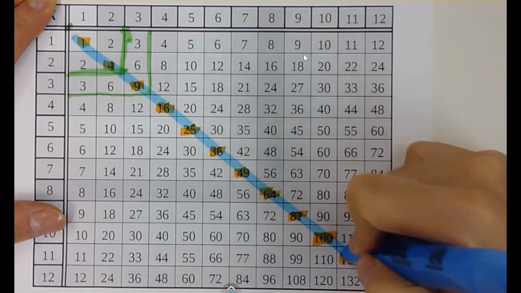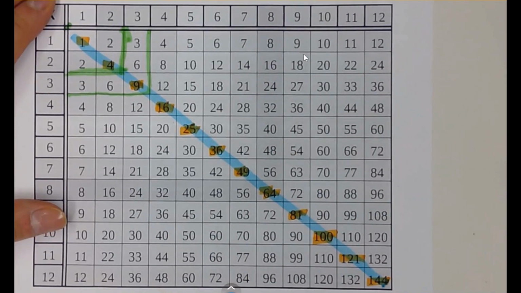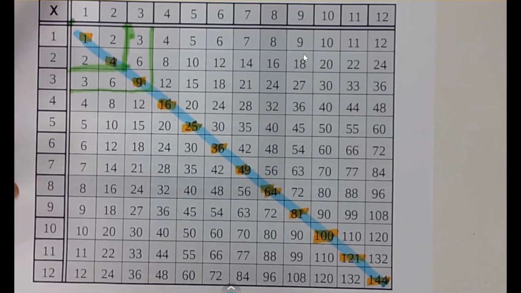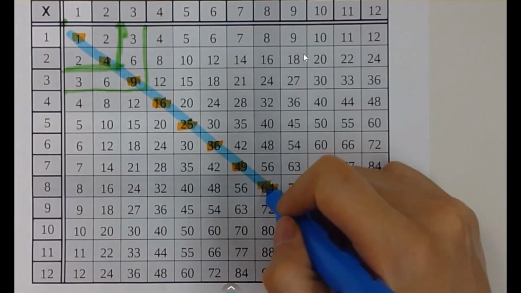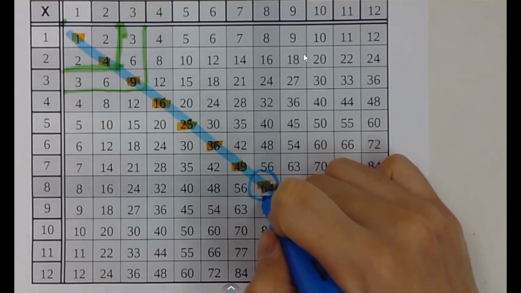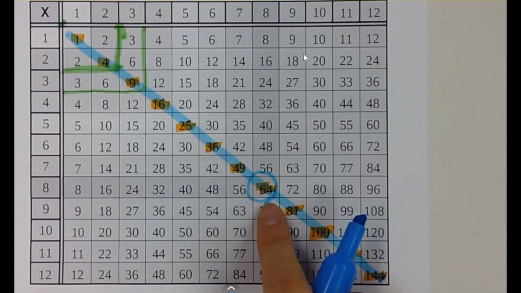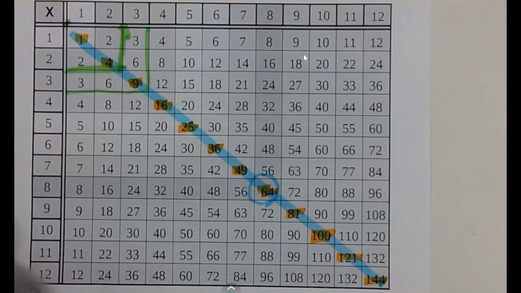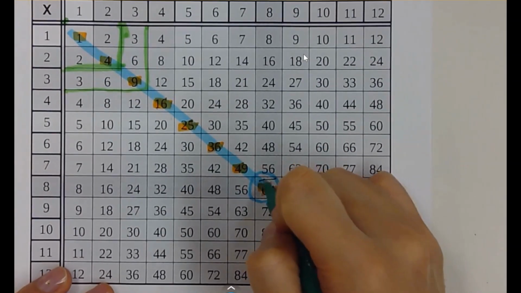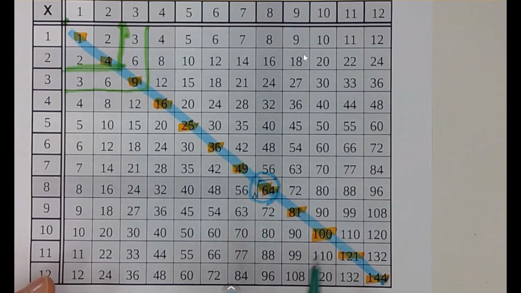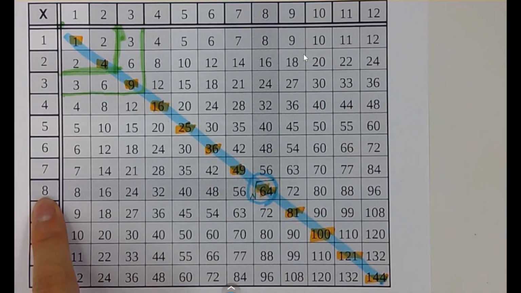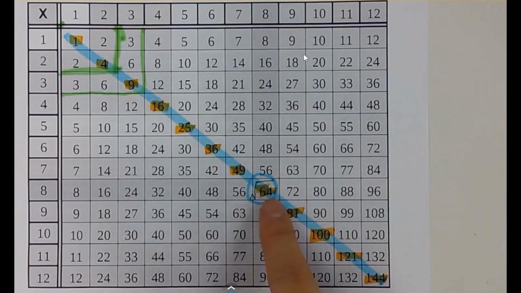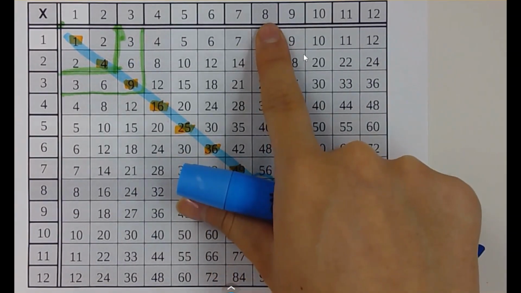If a number is a perfect square, it will be on this blue line. For example, let's figure out what square root of 64 is. Here is our 64. Square root of 64, which will be written with this little symbol, we can either go up or to the left, and there should be the same number. So square root of 64 is 8.